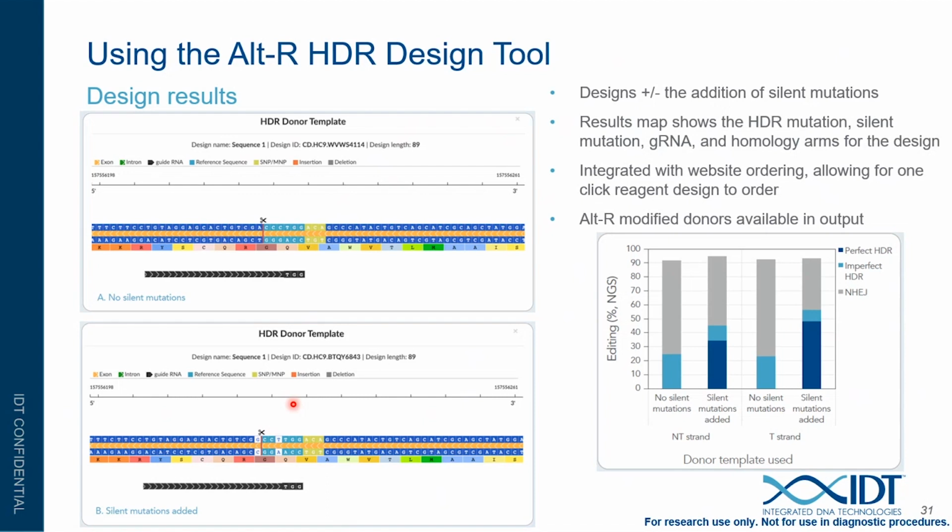You can see it's very easy to read with our guide and cut site indicated, as well as all of the mutations that are introduced. And here in the case study for these two particular designs, you can see that we do get a nice boost to the HDR rates with those silent mutations. And this is all easily integrated with our website ordering, so it allows for a one-click reagent design to order.